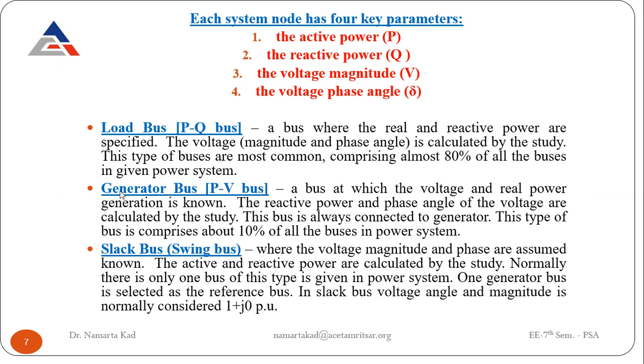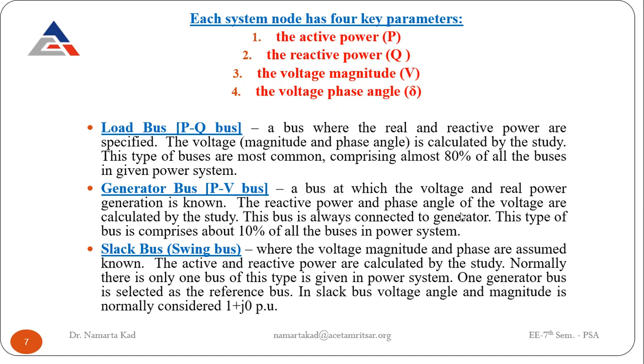Now the next type of bus is the generator bus, also called the PV bus. It is a bus at which the voltage and real power are known, where P is real power and V is voltage. A bus at which voltage and real power generation is known. So in the generator bus, P and V are known, and what is not known? That is Q and delta. These we have to find out through the study.